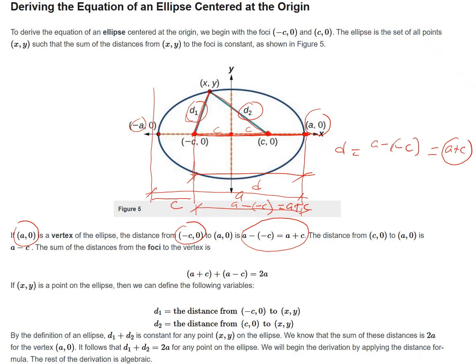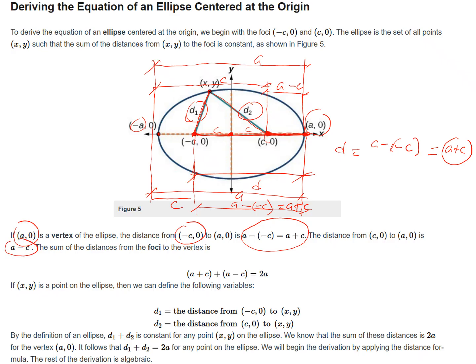So it's like this, class. Assuming this is our reference, from here to there we have a, but this one is our c. So to solve this distance, this is just a minus c. So this distance here, a minus c. So we got this one.